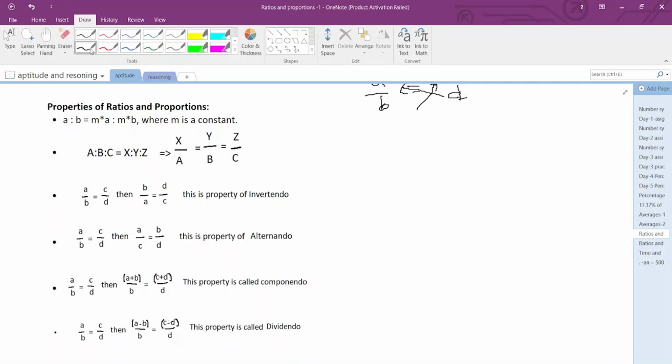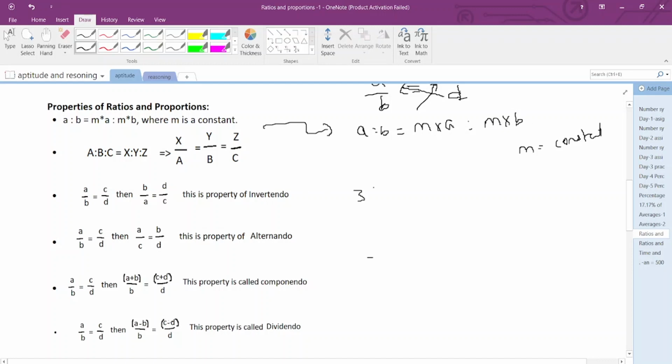Property 1 says, A is to B is equal to M into A is to M into B, where M is a constant. Let's take 3 is to 4. You can take any integer, any constant. I multiply by 5, 5 into 3 and 5 into 4.